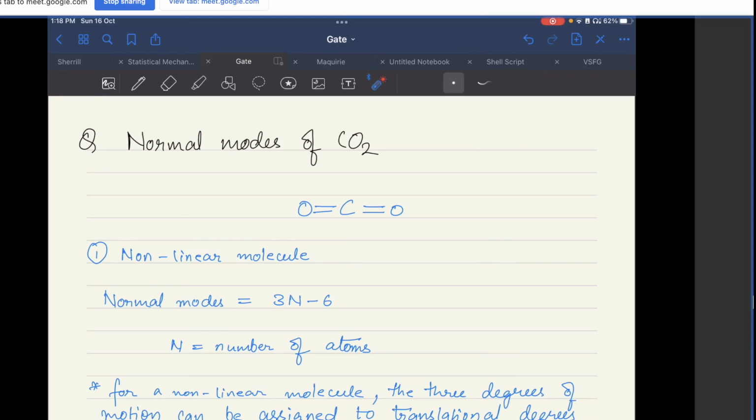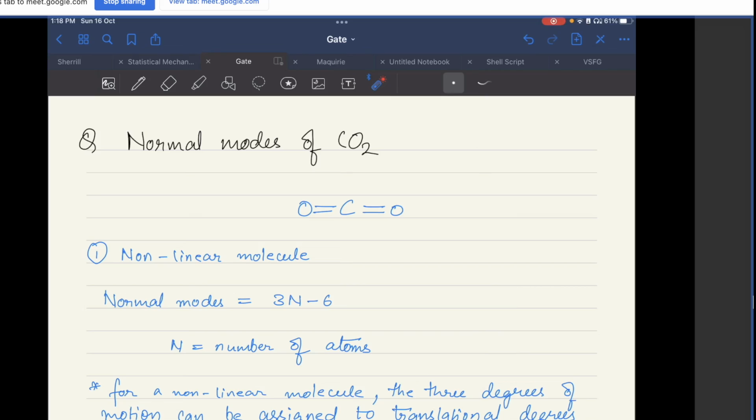When we talk about vibrational modes or normal modes, normal modes are actually the fundamental vibrational modes of our non-linear, linear, or polyatomic molecules, which are the modes left after excluding the translational and rotational motion. The rest are known as the normal modes.